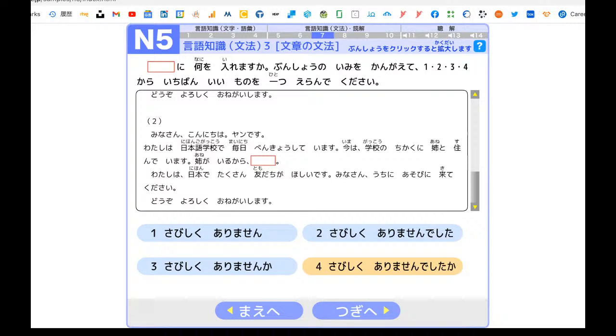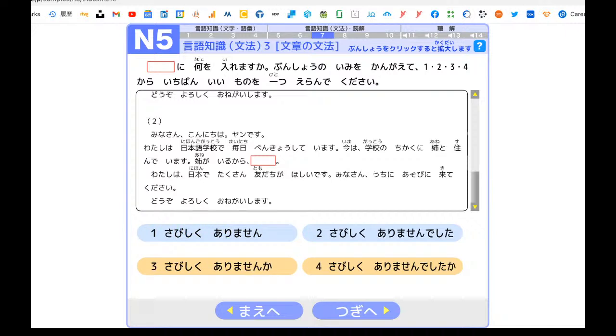So again, when you see these options, you find the common points and then just ignore them, okay? This time, 寂しく is the common part, and the ありませ part is also all the same. So let's take a closer look at the very last part.